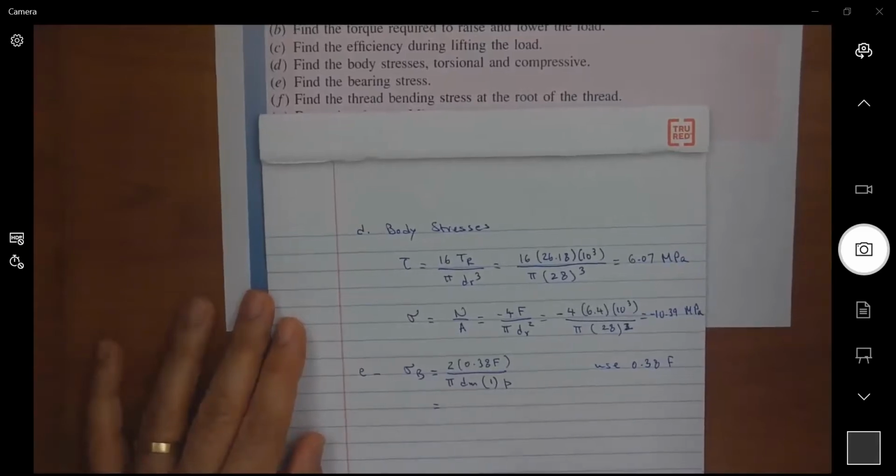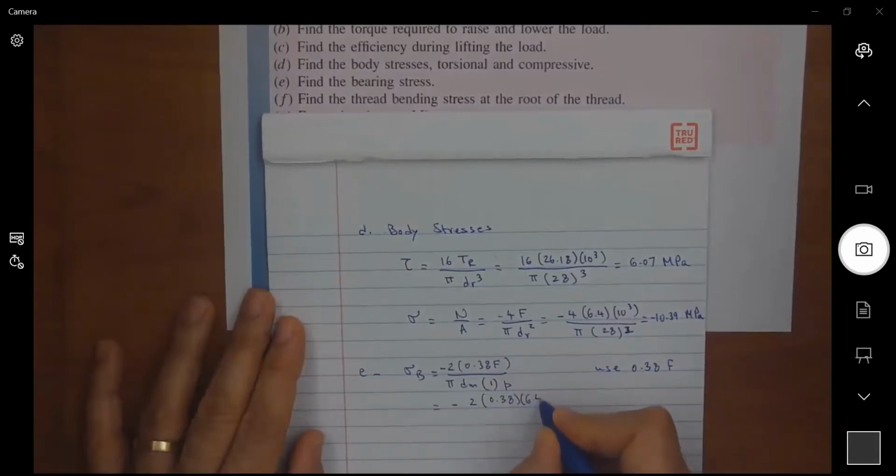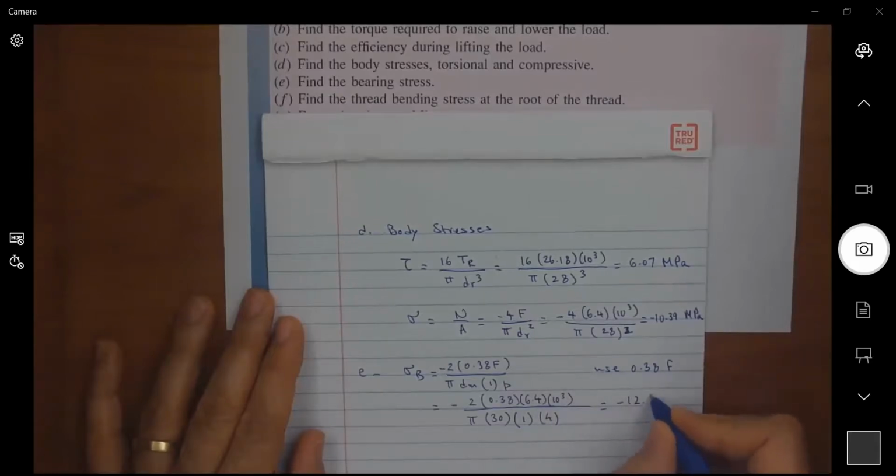This is equal to, and of course, the bearing stress, I'm going to put a negative sign. So I have a minus 2 times 0.38 multiplied by F, which is 6.4 times 10 to the power 3 divided by pi times dm, which is 30, times 1 divided by 4. Do the numbers, I get a minus 12.9 megapascal.